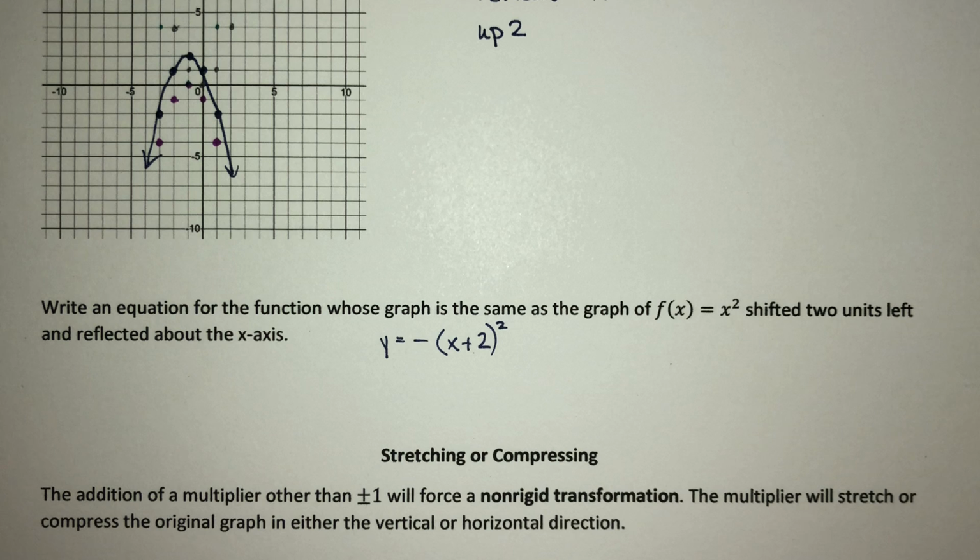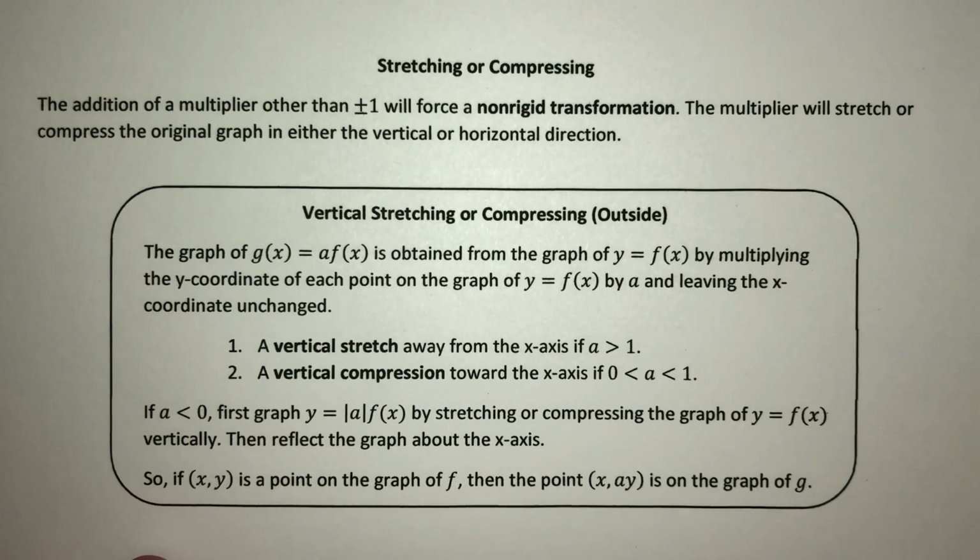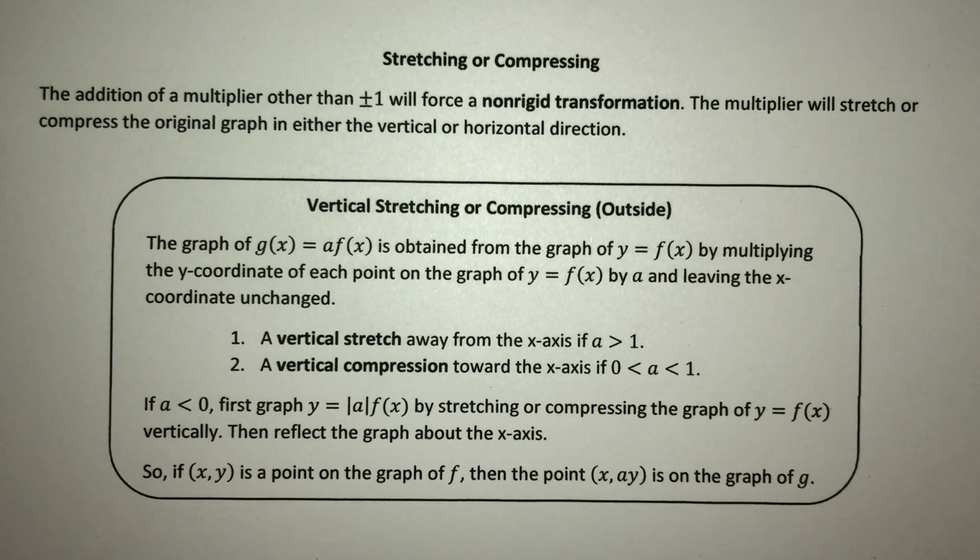Okay, so we have shifted things around, we have flipped things, and all of those were rigid transformations because the basic shape of the graph is the same. Maybe it got flipped over, but it still has the same angles. Okay, now we need to talk about stretching and compressing. For reflections, we were multiplying by a negative 1.